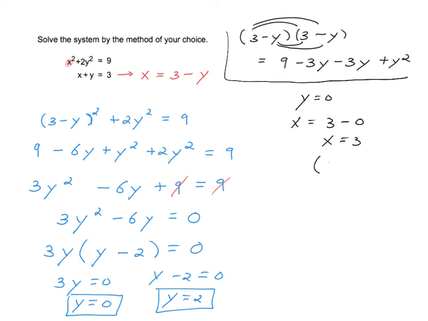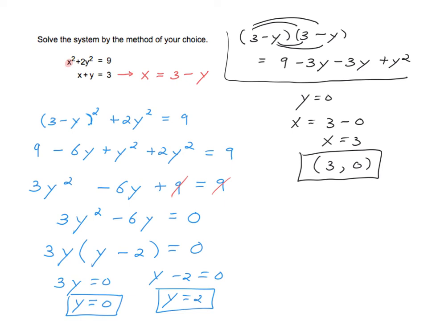Altogether, this is the point 3 for x and 0 for y. This is one of the solutions to the system, (3, 0). And if you want, you can plug that into both equations. Certainly works in the second, and it also works in the first equation too. Not necessary, but just a quick check.